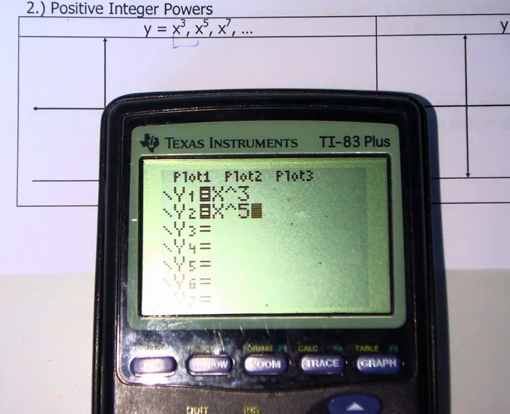But what you're going to find is that each of these graphs has the same general form, but increasing that number changes it a little bit. So on your papers, just sketch in the graphs that you're seeing. It doesn't have to be super accurate.